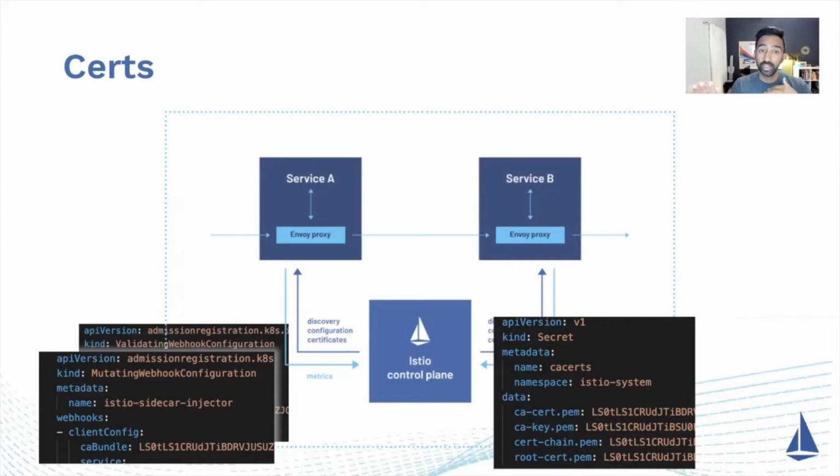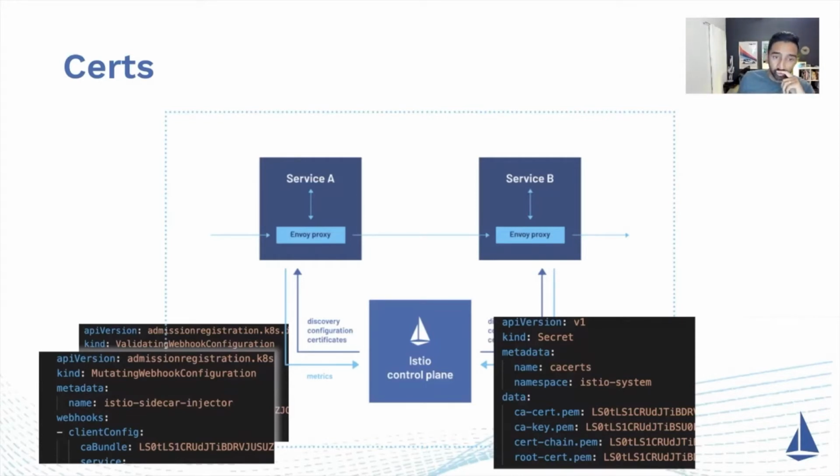And if you check the Istiod logs, you'll see something like some cert-related failure, right? And if that happens, you can quickly compare these two values. And if it's out of sync, you can restart Istiod, which is then supposed to modify the mutating webhook and validating webhook configurations. So they need to be in sync for that communication to happen.